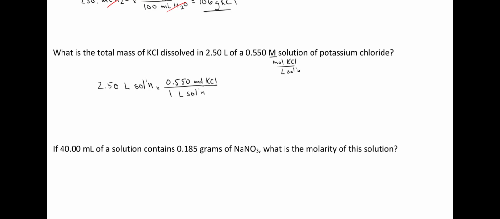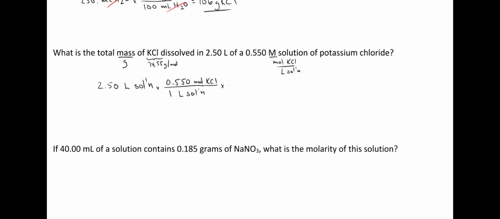Now we would like to get to mass, which would be in grams, and in order to do that, we are going to need the molar mass. Putting the weight of potassium and chlorine in the calculator gives us 74.55 grams per mole.